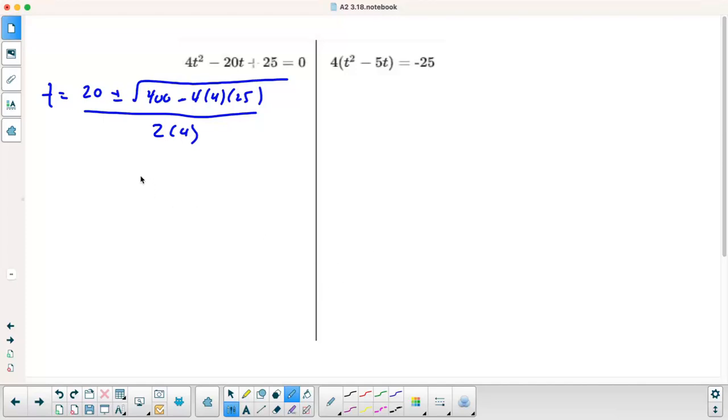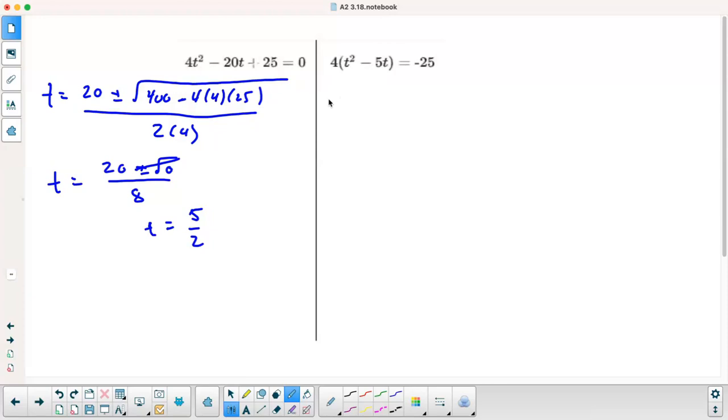So I end up getting 20 plus or minus the square root of 0 over 8. So this is gone. So 20 over 8 reduces to 2.5 or 5/2. So one real solution here.